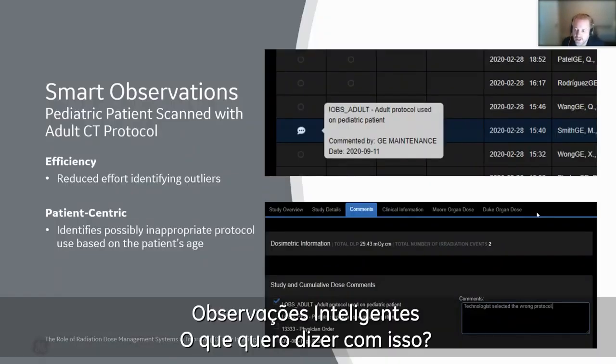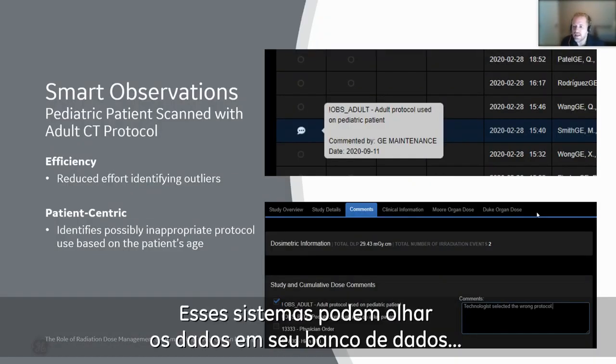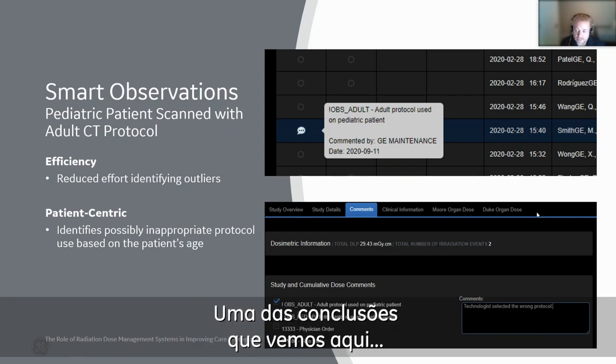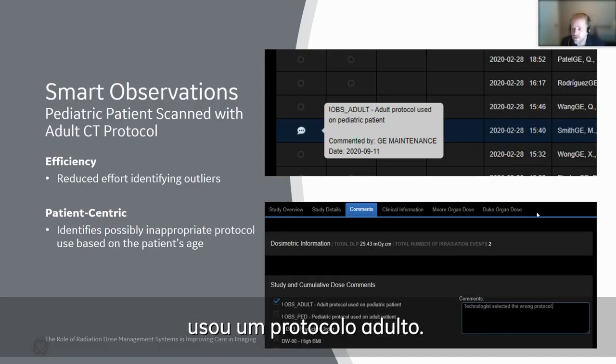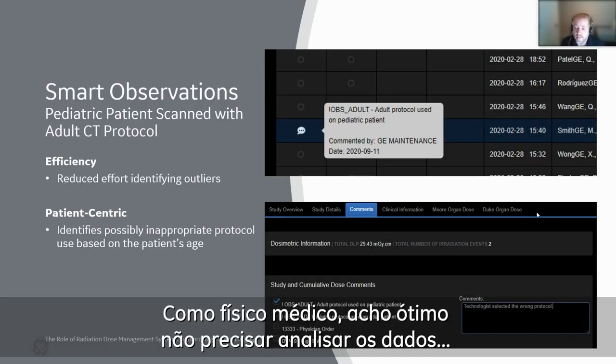All right, smart observations. What do I mean by this? These systems can look at the data that they've got in their database and come to some conclusions. So one of the conclusions that's shown here is this study that was just received of a pediatric patient used an adult protocol. Right? As a medical physicist, it's great if I don't have to go and look at the data myself.